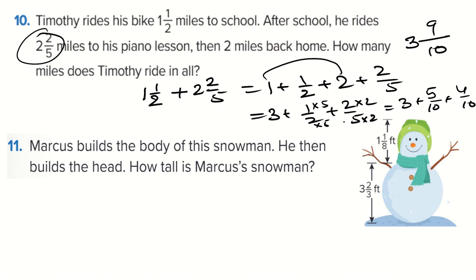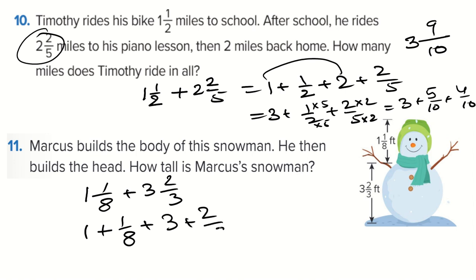Okay. Same for this question, snowman. Marcus built the body of the snowman. He then builds the head. How tall? Okay. So total is 1 and 1 over 8 plus 3 and 2 over 3. So just write it separately. 1 plus 1 over 8 plus 3 plus 2 over 3. So 1 plus 3, 4, plus here you will multiply by 3.